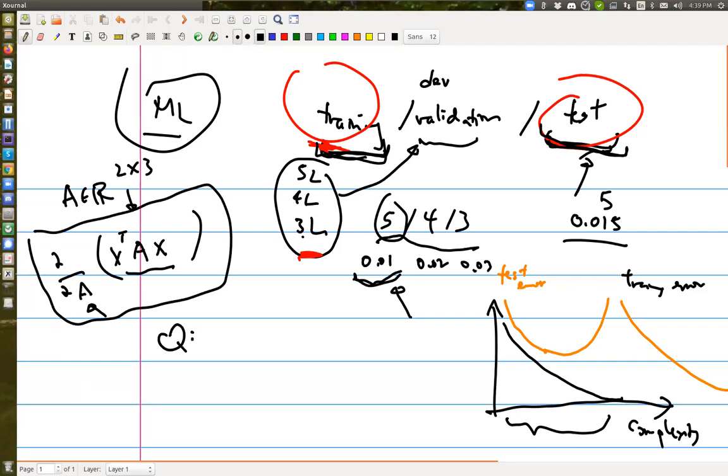Question for this thing here. For several of you, I actually saw a solution like X transpose or X transpose X, which will not be correct, right? Because this dimension is one, this is a scalar, right?